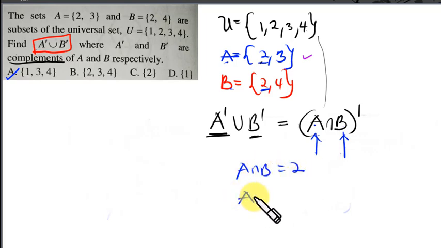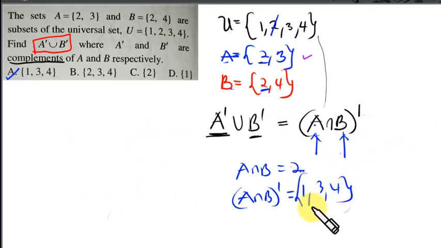If I am to find A intersection B complement, then it means the set of elements that are not in A intersection B, but they are in the universal set. Which elements? Only 2 is in the A intersection B. So those that are not in A intersection B are 1, 3, and 4. And that is the correct answer, just as we had here, 1, 3, and 4.